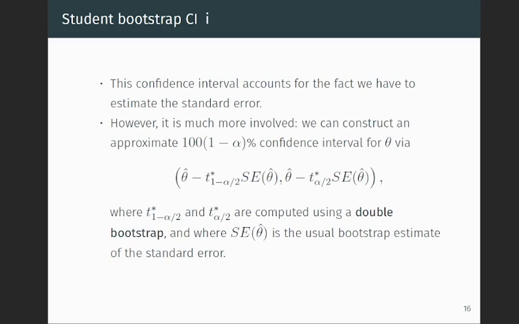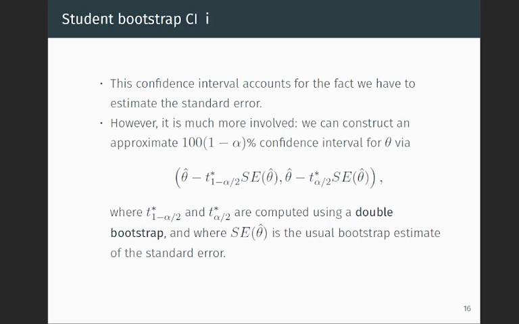And what this confidence interval does is that it tries to increase accuracy by accounting for the fact that we have to estimate the standard error of the Bootstrap samples themselves. So we're going to build a confidence interval using critical values from the t distribution.